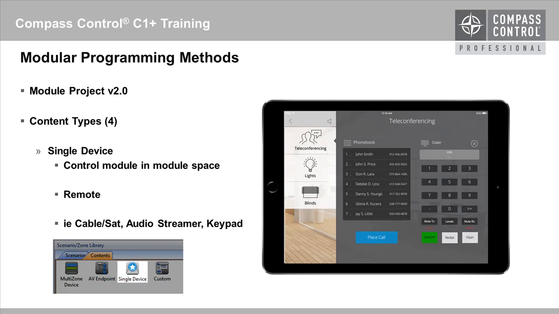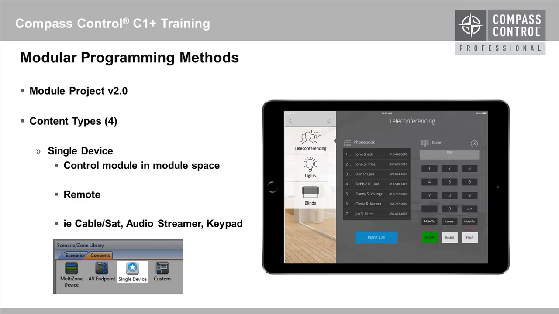Next, we have a single device. A single device is basically any module or remote that we'd like to view in that module space, having that contents button there so that we could then view that control module. Now, when I press a single device button from that contents listing, I can have events and actions on there.